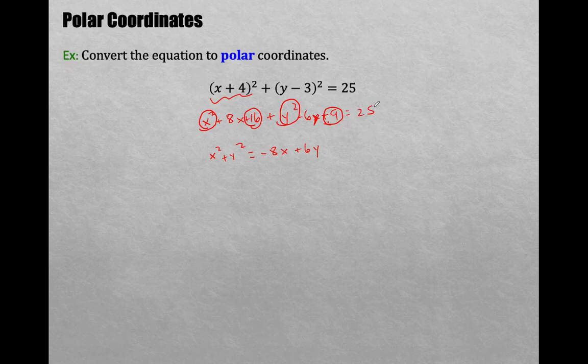And I get 0 over here, right? So technically +0. Now, what can you replace this with? And this. And this. Whoops, I'm sorry, I forgot my r.